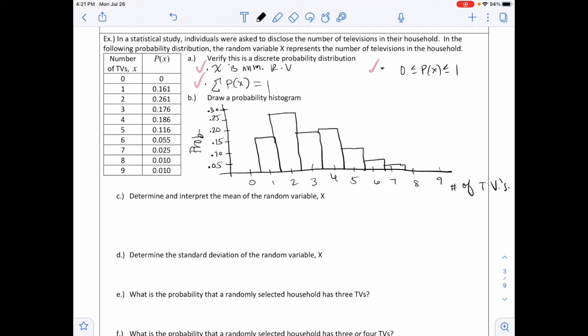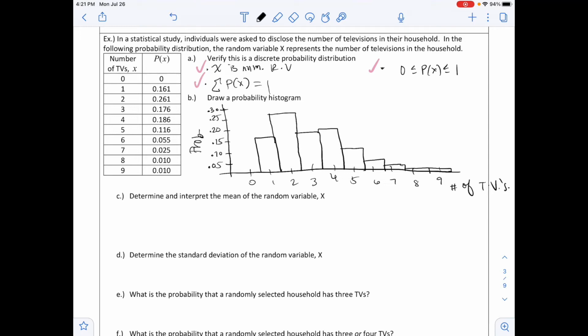And then the last 2 is 0.010 for 8 and 9. So again, do the best you can since those are very small numbers. Hopefully you can tell by looking at this, your histogram is skewed to the right.